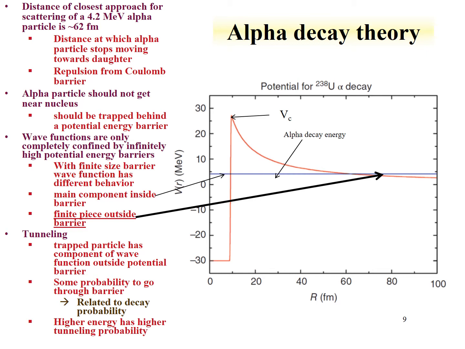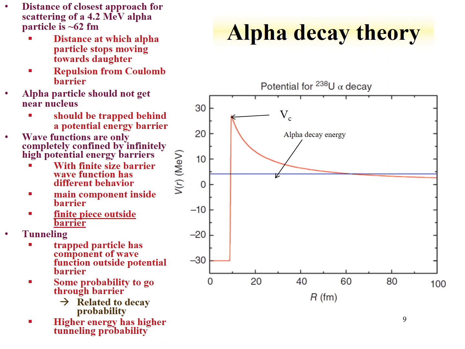So there's a probability, however small, of it appearing outside this barrier, and a probability that it would go through this barrier. In fact, we can show that this probability of penetrating the barrier has to be related to the decay probability. So we should be able to determine something about the decay constant related to this barrier.